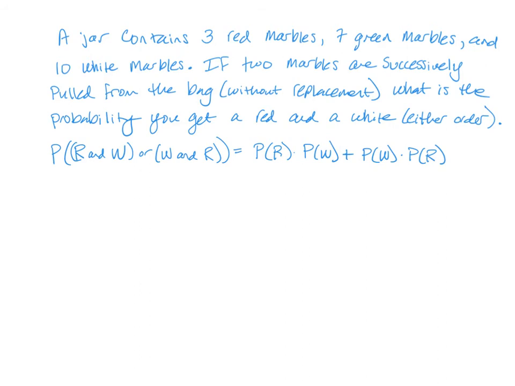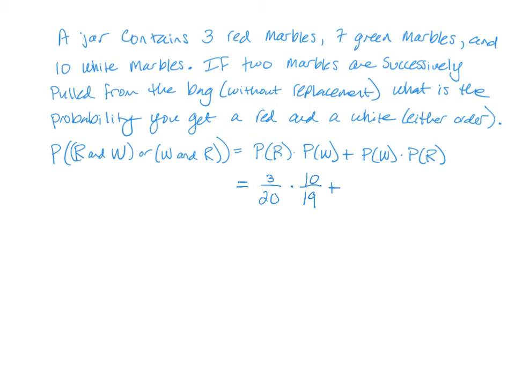All right, so calculating these probabilities is a little different than it was before because we are not replacing. So when I calculate the probability that I pull a red first, okay, I know that there are 3 red marbles out of 20 total marbles. Okay, but then if I'm going to pull a white next, there are only 19 marbles left because I already took a red one out. So, and 10 of the 19 are white.